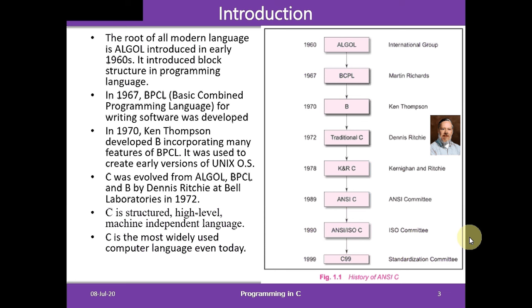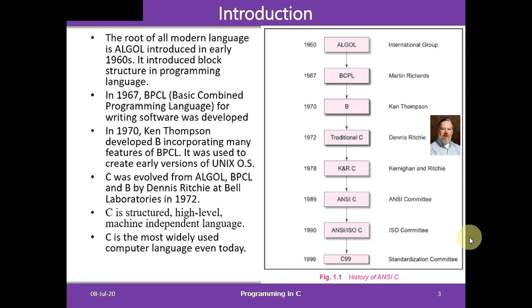C is a structured, high-level, machine-independent language, and it is widely used across computers, compilers, and everywhere, even today. If you look on the right side, you'll see how the evolution of the C language began from ALGOL, BCPL, B, and traditional C, and after that the Kernighan and Ritchie version of C, and another one after they both developed the C version.